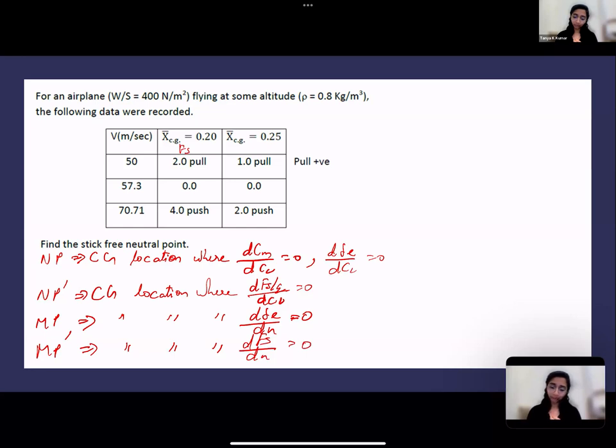Here they've asked you stick free neutral point, right? Which is this condition. This is the one we have to use: dFs by Q by dCl equal to zero. So how do you go about doing this? Take a moment, read the question, see what data is given to you, and tell me how to proceed.